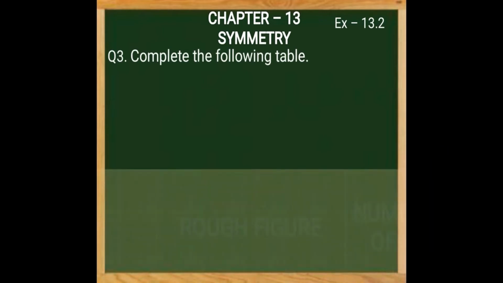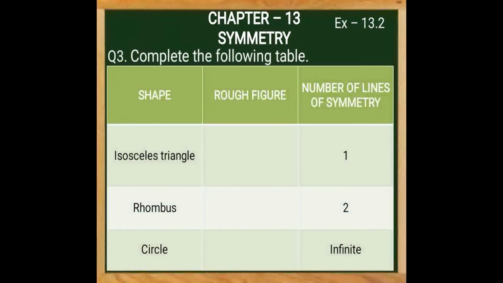The same question, complete the following table, and here are the isosceles triangle, rhombus, and circle. We have already dealt with isosceles triangles multiple times. So an isosceles triangle always has 1 line of symmetry, and you are familiar with the figure. So this is an isosceles triangle. Another figure is a rhombus, and the last figure is a circle.